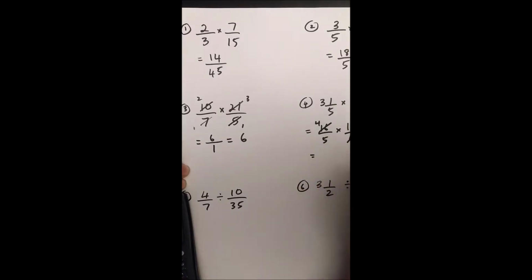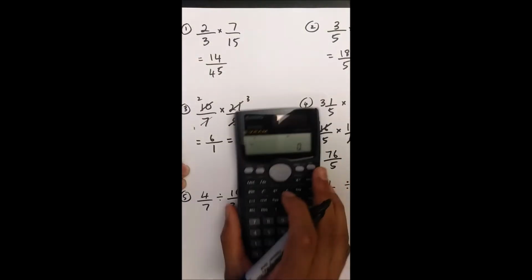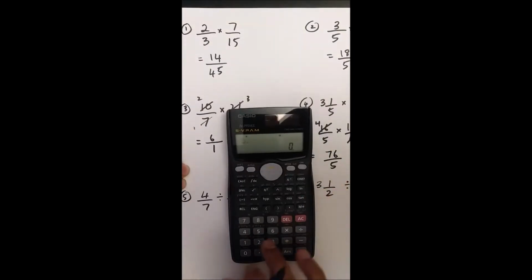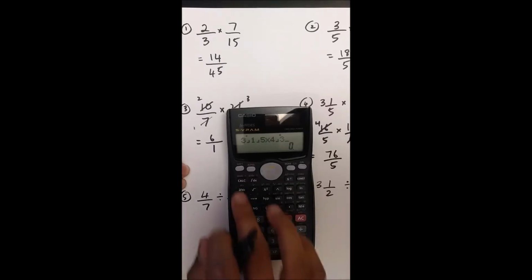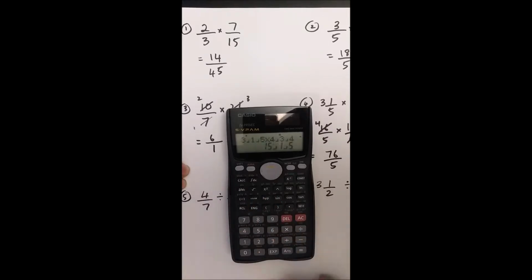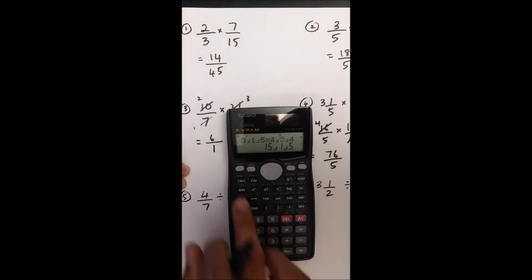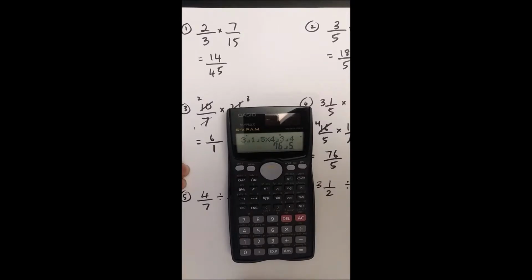So now I have 4 times 19 on the top, 76, and 5 times 1, which is 5 on the bottom. And if I was typing this into my calculator, I could do 3, 1 over 5 times 4, 3 over 4. You just convert that, get 76 over 5.